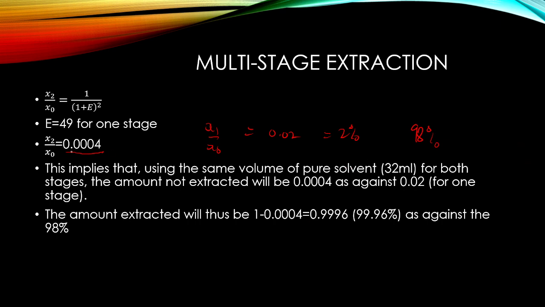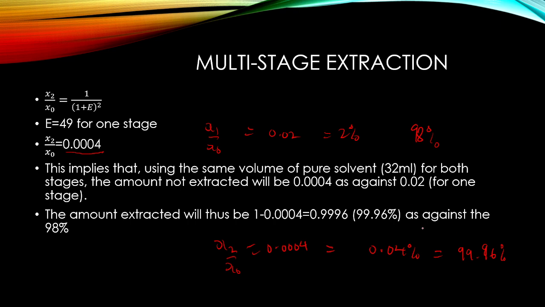Now we are having x2 over x0. So when we added the second stage, x2 over x0 is equal to 0.0004, which means that 0.04% was not extracted, which means 99.96% was extracted at the end, right? So yes, that's what's happening.